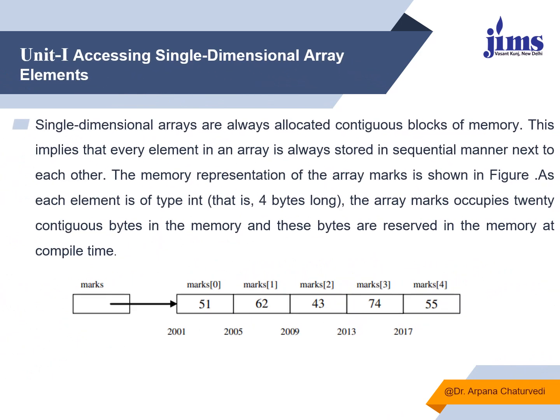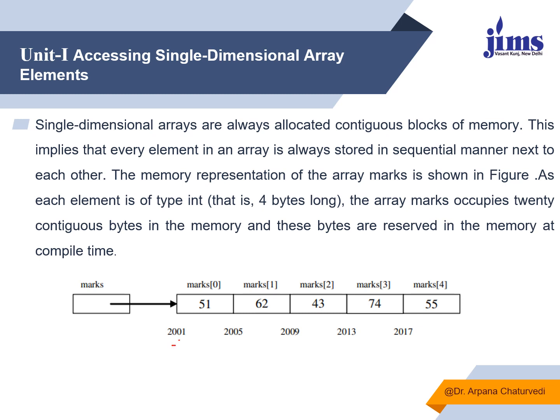This is a diagram wherein you have already declared an array of size 5. So this is marks, which always points to the start address. These are the different subscript positions. Imagine that these are the values and these are the different addresses mentioned over here, and the size of an integer is 4 bytes.